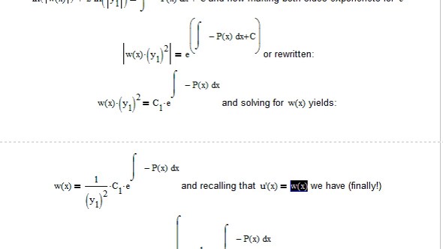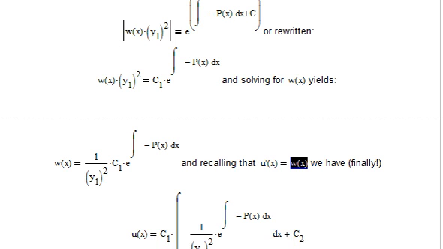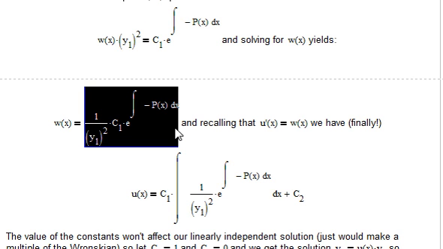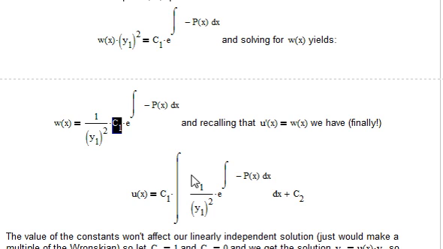Okay, and now if we wanted u of x, then we just integrate this whole big mess. So u of x is, of course, the constant c1, factors out, integral of 1 over y1 squared times e to the negative p of x dx plus some other arbitrary constant.